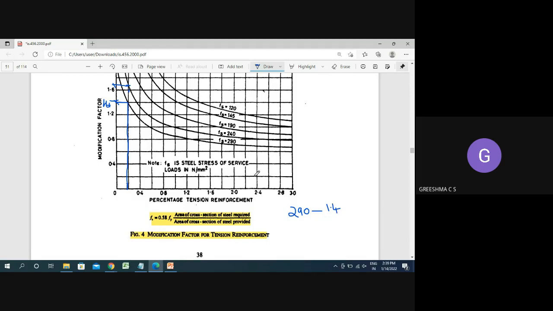Then correspondingly for 240, the value will be around 1.6, this is 1.8. So it will be something like 1.65, you can take it as 1.65.